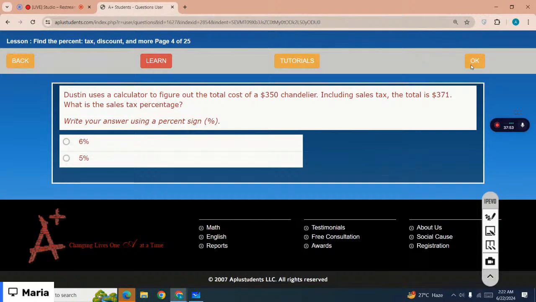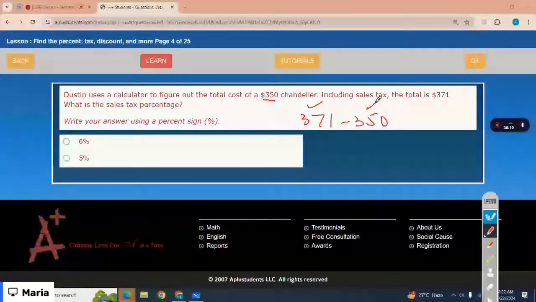Destiny is using a calculator to figure out the total cost of 350 chandeliers, including sales tax. The total is 371. What is the sales tax percentage? You have to calculate the sales tax percentage, right? The price including the sales tax is 371, right? And the original cost is 350. So that is the price including the tax, minus the price without tax, divided by 350.